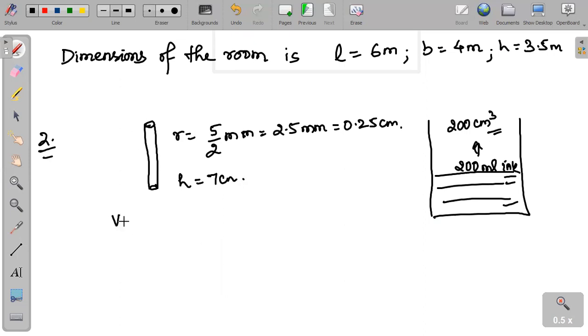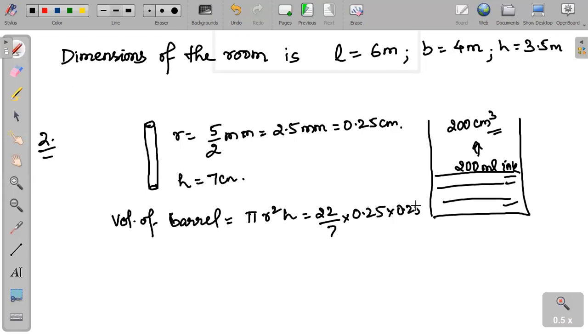So volume of the barrel is equal to pi r square h, that is 22 by 7 into 0.25 into 0.25 into 7. 7 will get cancelled. 2 into 0.25 is 0.5, into 11 is 5.5 into 0.25 centimeter cube. ठीक है?